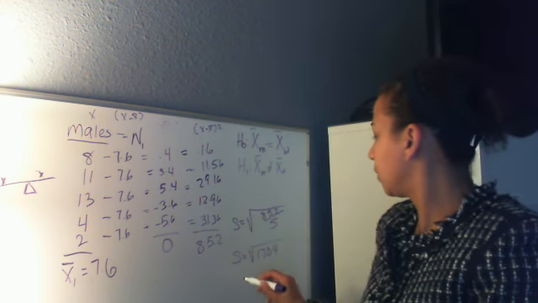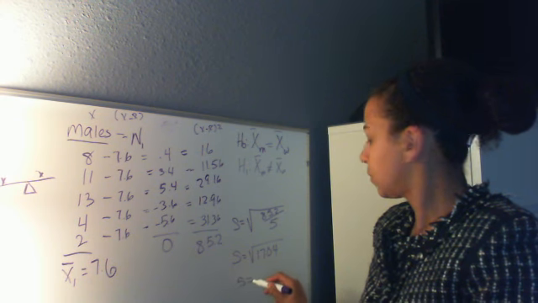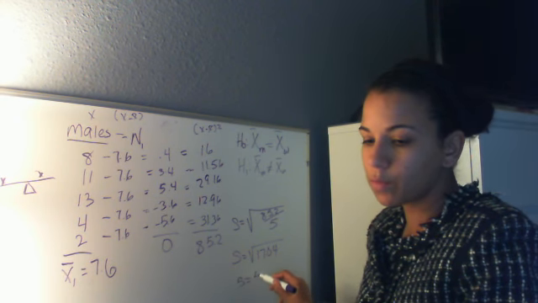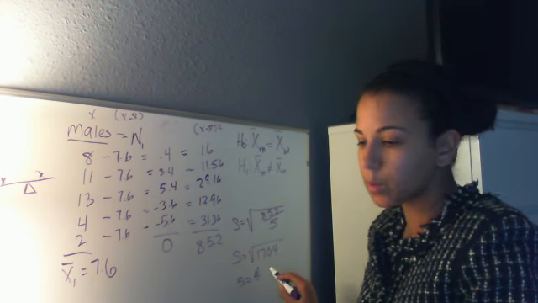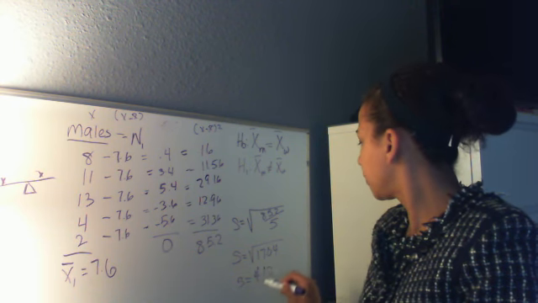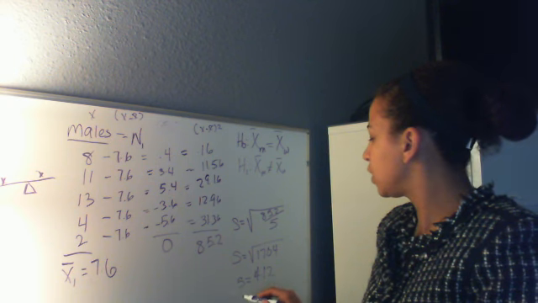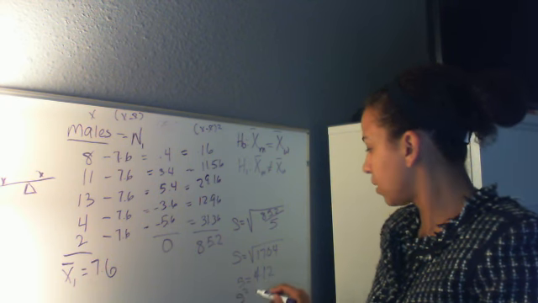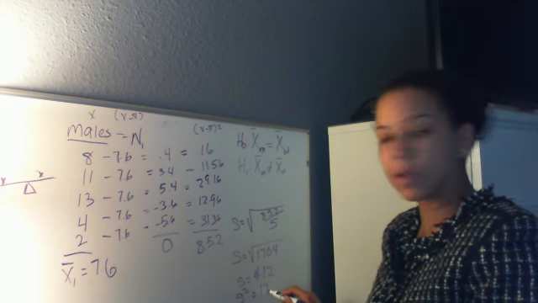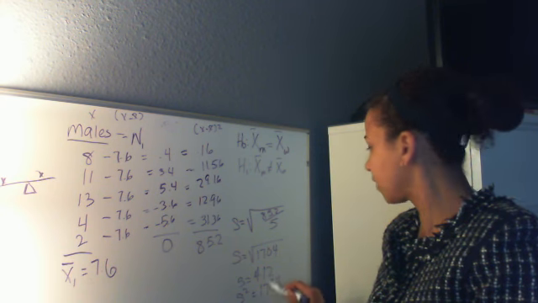Is equal to 4.12. Alright? And so my s is equal to 4.12, or I could say that my s squared is just equal to 17.04. I don't know if all of you can see that.